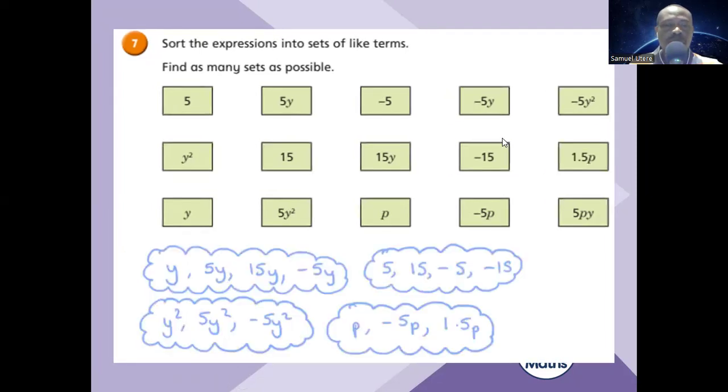So here you were asked to sort the expressions into sets of like terms. Find as many sets as possible. And these are the like terms. You see them? They're all the same variable with the same power. This one, look, all the same variable with the same powers. Do you remember what we call these again?